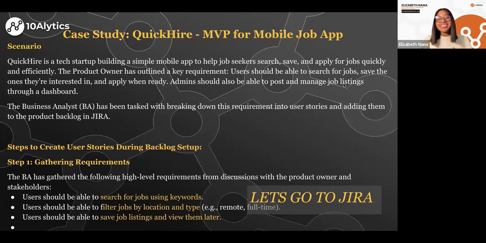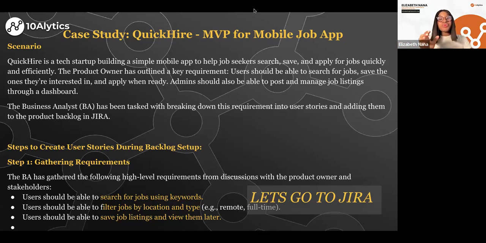Quick Hire is a tech startup building a simple mobile application to help job seekers search, save, and apply for jobs quickly and efficiently. Now the product owner has outlined key requirements. Users should be able to search for jobs. They should be able to save the ones they're interested in, and they should be able to apply when they're ready. Admins should also be able to post and manage job listings through a dashboard.